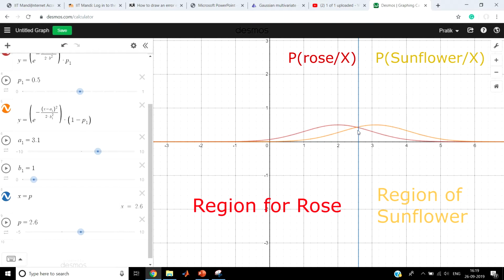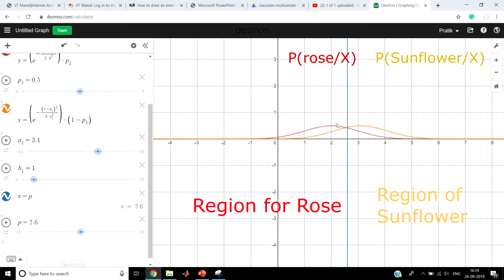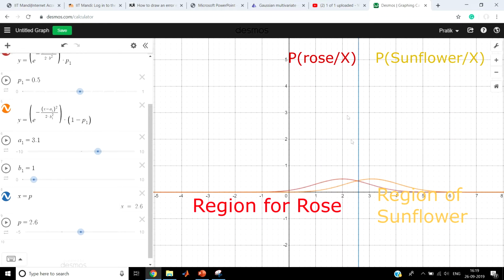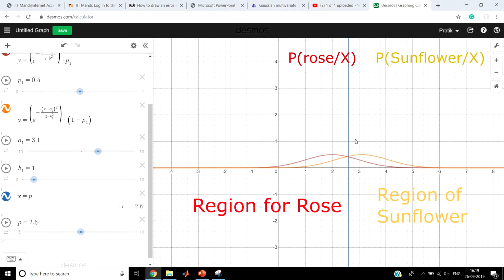If there is any sample before this discriminator, it will always be categorized as rose. If it is a point after this discriminator, it will be categorized as sunflower. This decision rule gives me this particular discrimination, and we are going to talk about this discrimination function mathematically also, but I wanted to show a visual representation of it.